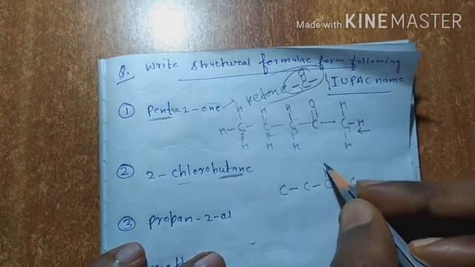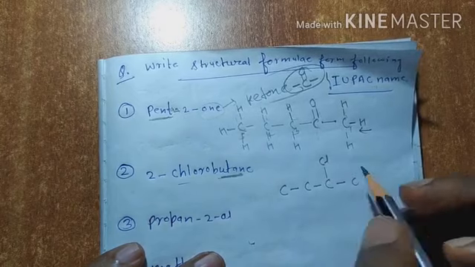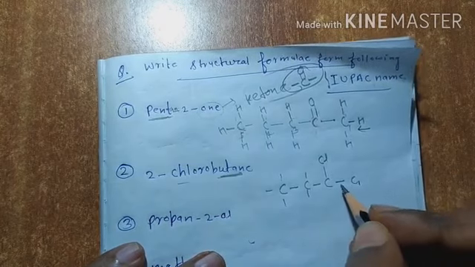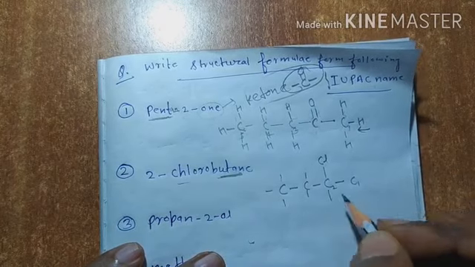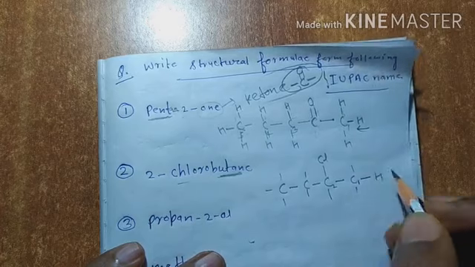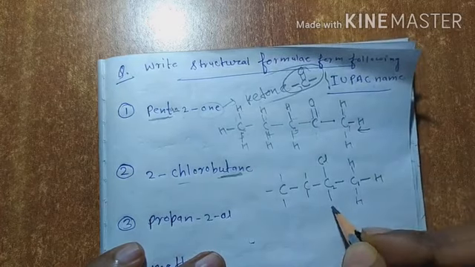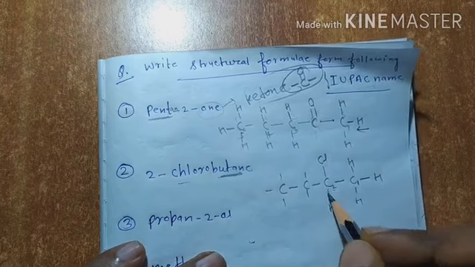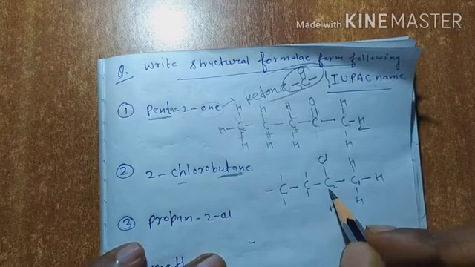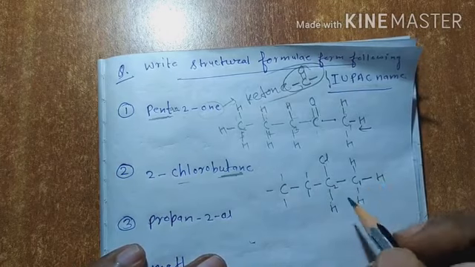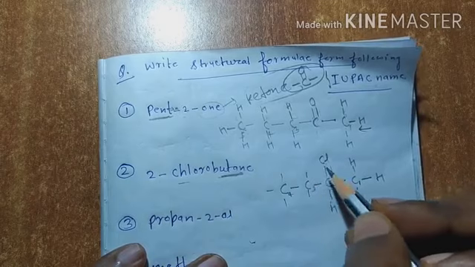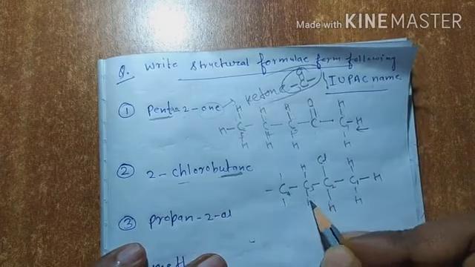So I am writing the chlorine atom here. Now for the remaining places, we will put hydrogen because we have to complete the octet for this carbon atom: 1, 2, 3, 4, 5, 6, 7, 8. If we do not put hydrogen here, this will be unstable, and that is wrong. This is 2, this is 3, this is 4. Here will be hydrogen.